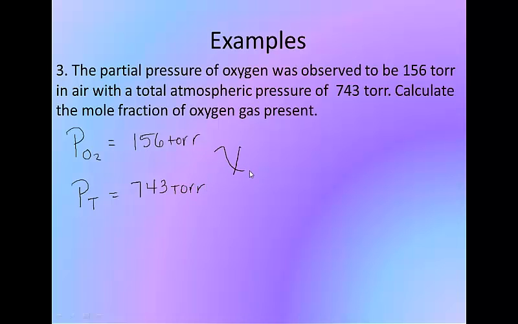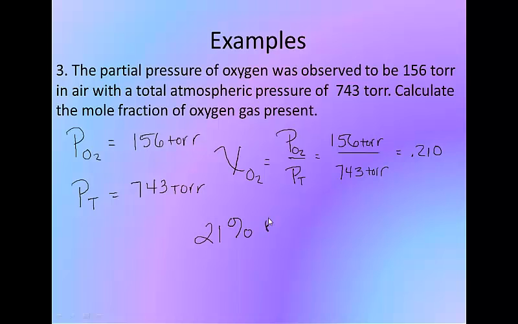Mole fraction of the oxygen gas is going to be the partial pressure of the oxygen gas over total, part over whole. You're just not multiplying it by 100, over 743 torr, and I get 0.210. So technically speaking, what it's saying in a roundabout way is 21% of 743 torr is oxygen.